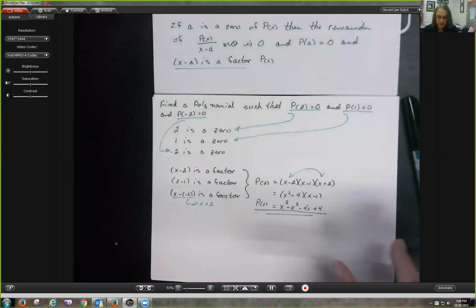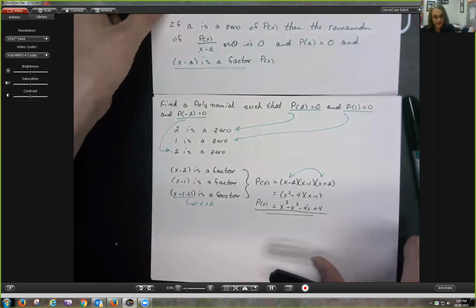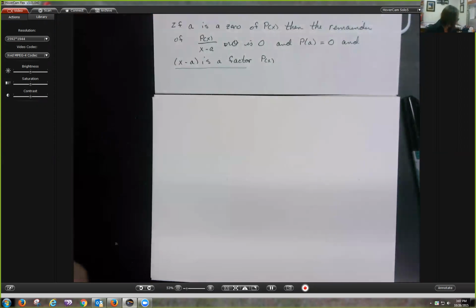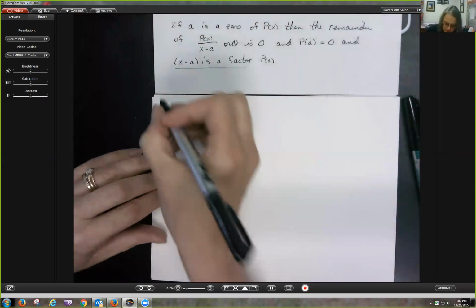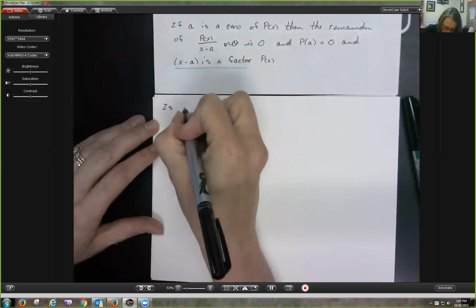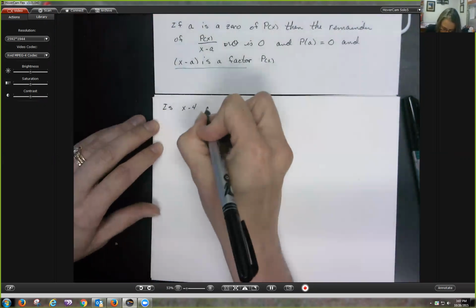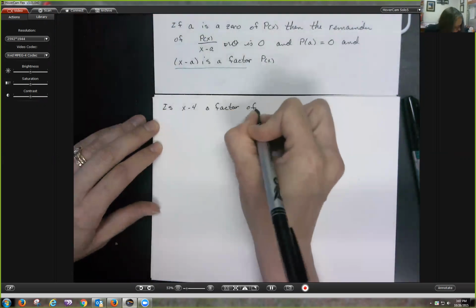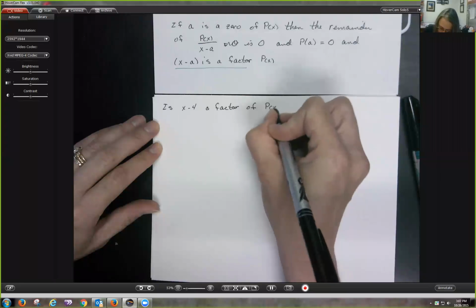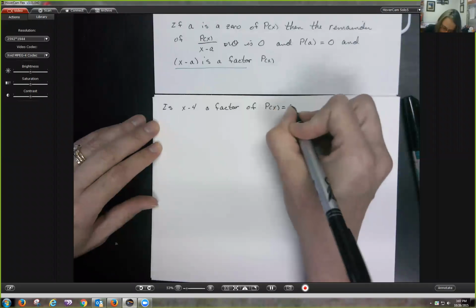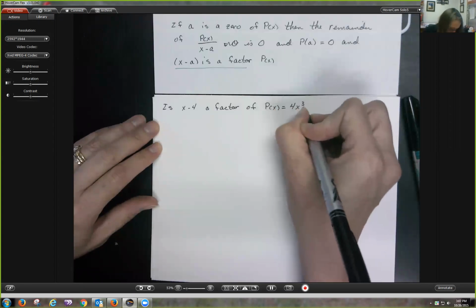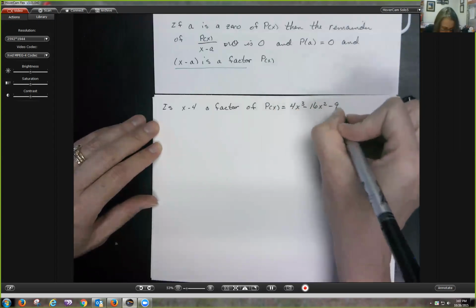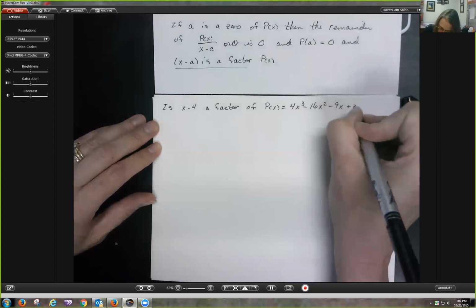All right, so let's try another example. This is some kind of cool stuff. So now let's answer the question: is x minus 4 a factor of the polynomial 4x to the third minus 16x squared minus 9x plus 36?